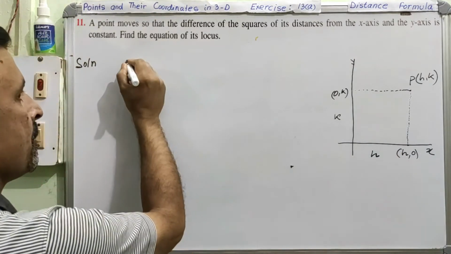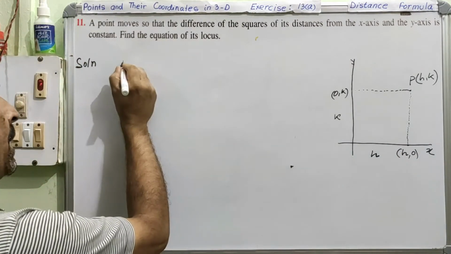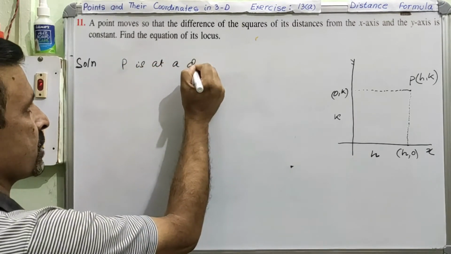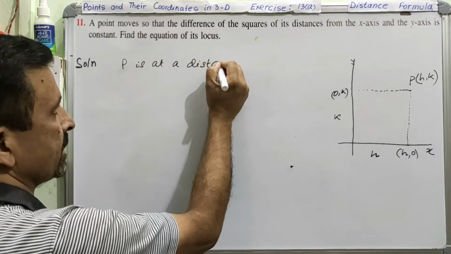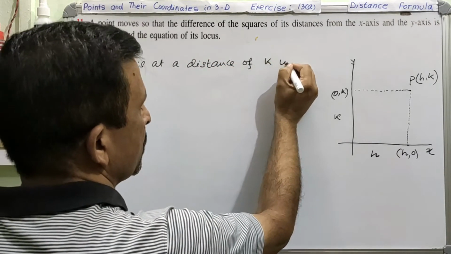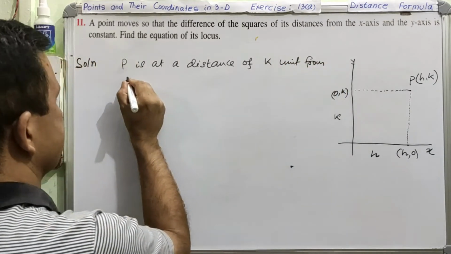So we can say here, P is at a distance of k units from x-axis.